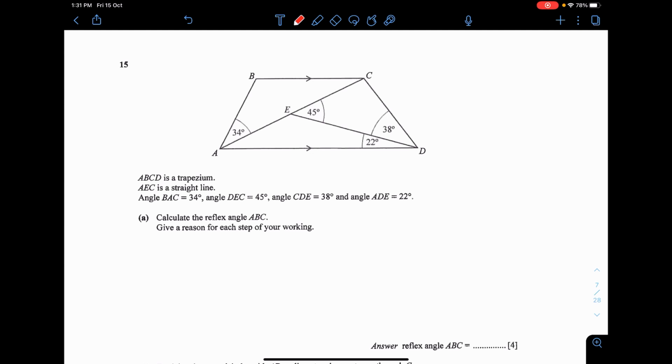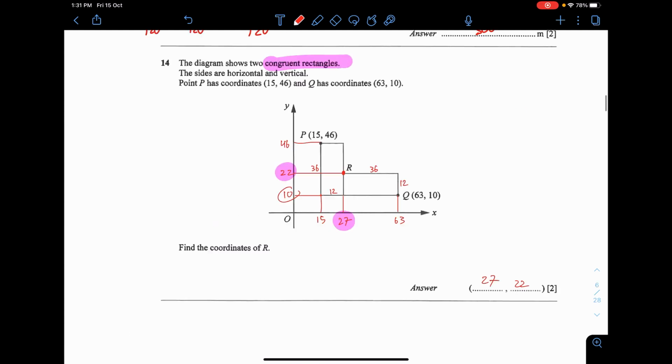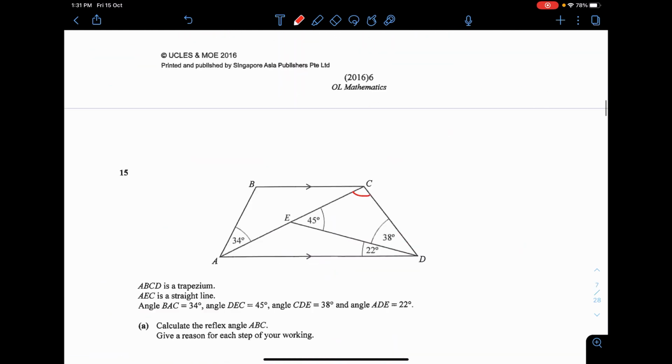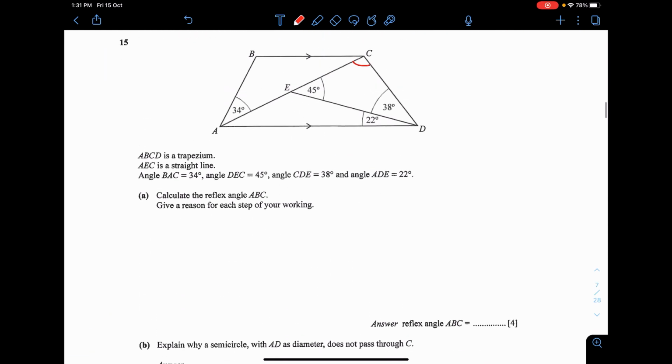As I've always been doing when the question is about angles, you do not necessarily find the angle immediately. Try to complete whatever you can calculate. So I will take the angle ACD, 180 minus 45 minus 38, I'll get 97.